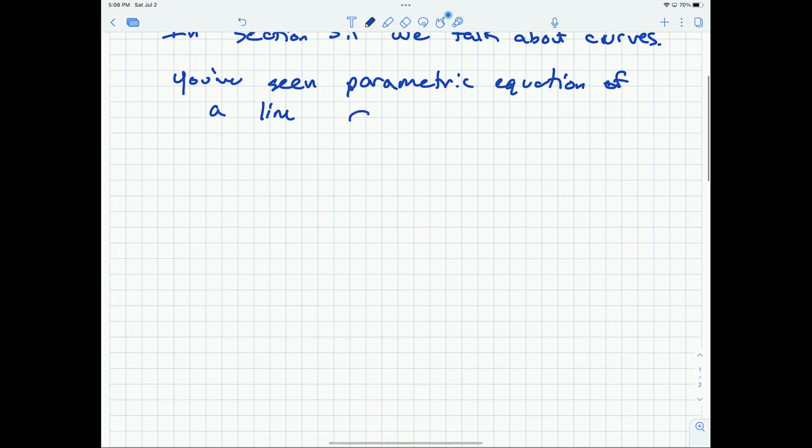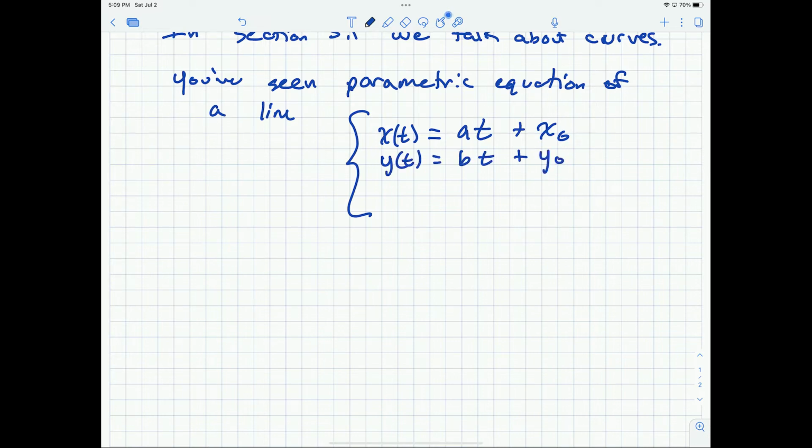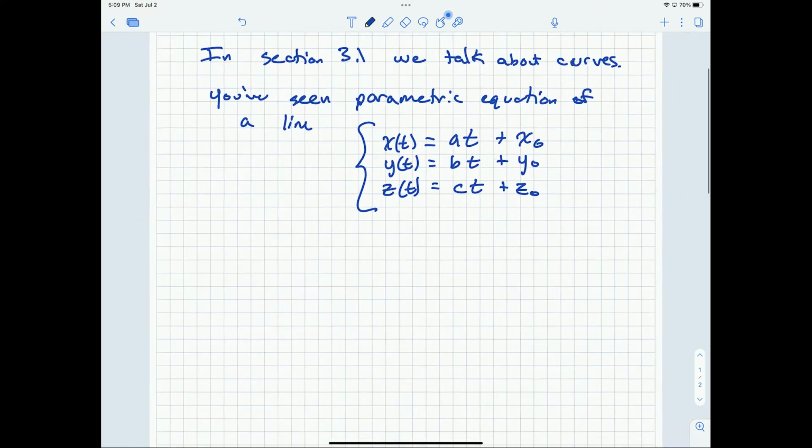And those equations look like this. x of t could be a constant times t plus some initial x value, a different constant times t plus some initial y value, and a third constant times t plus some initial z value, right? And we know how this works.